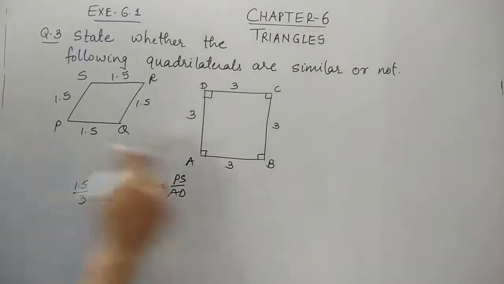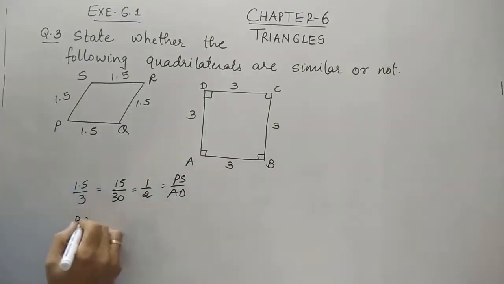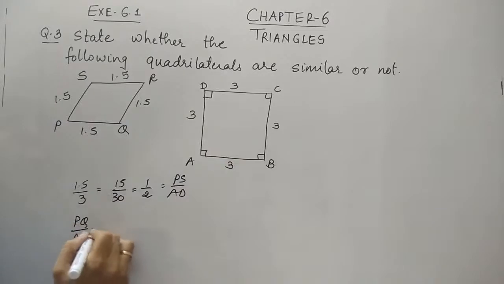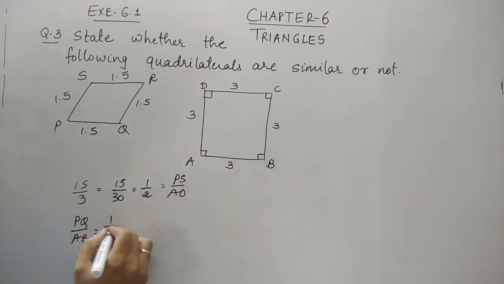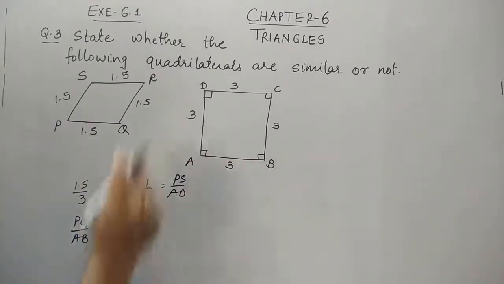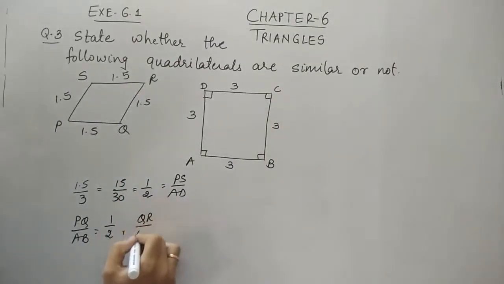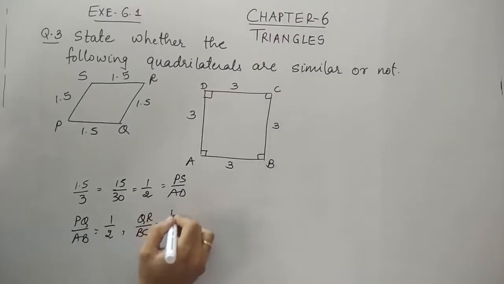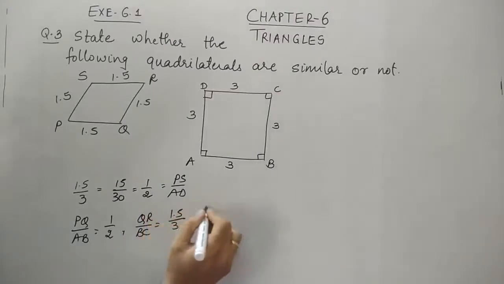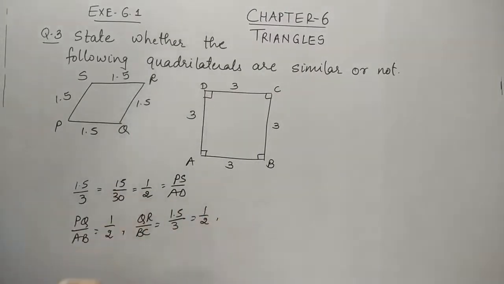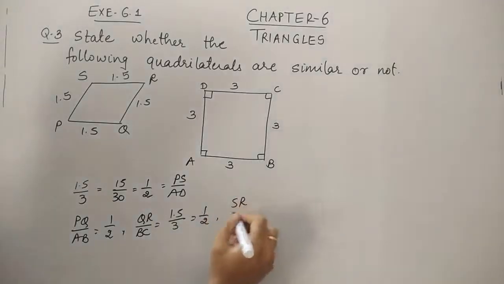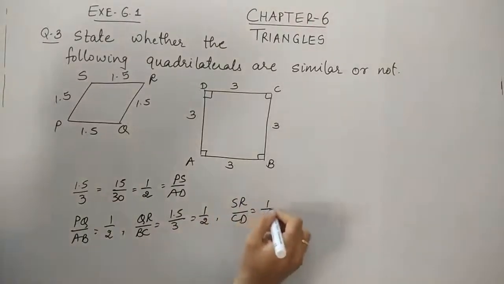Now look at the ratio of all the sides. That is PQ upon AB, that also is 1.5 upon 3, so it comes 1 by 2. Look at QR and BC, that also comes 1.5 by 3, that is 1 by 2. And look at the last one, SR and CD, that also comes the same value.